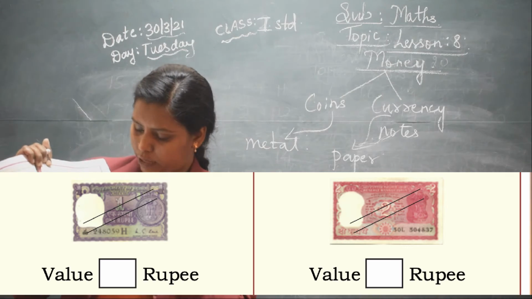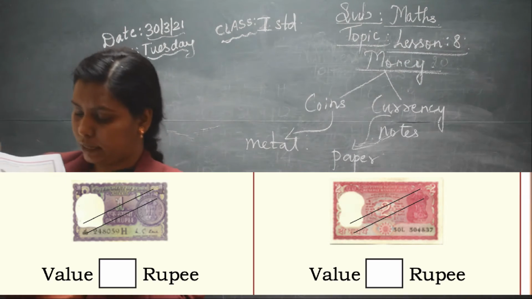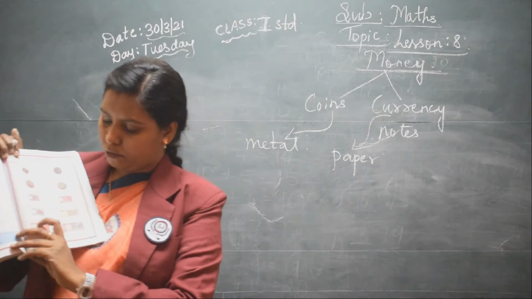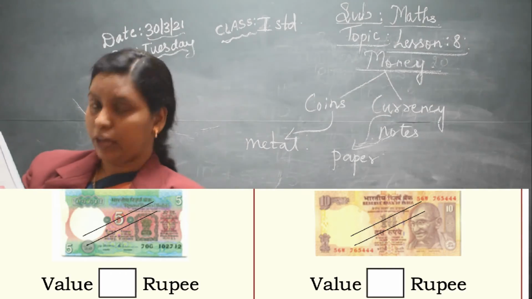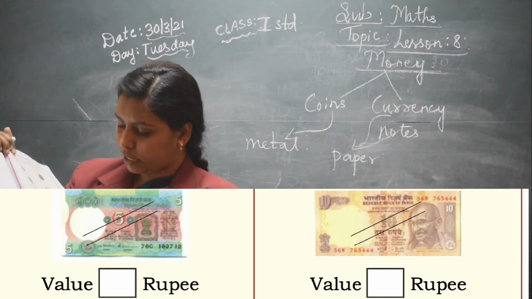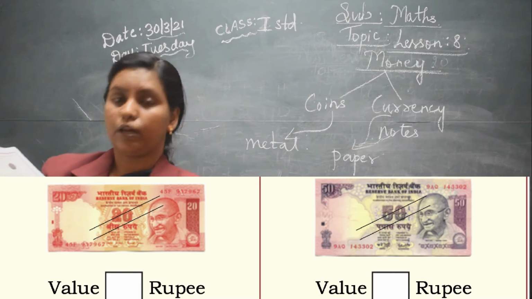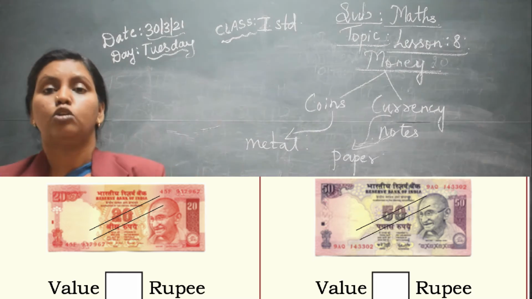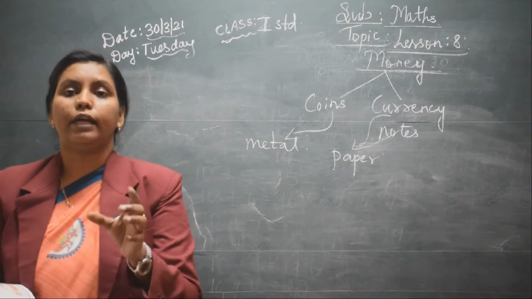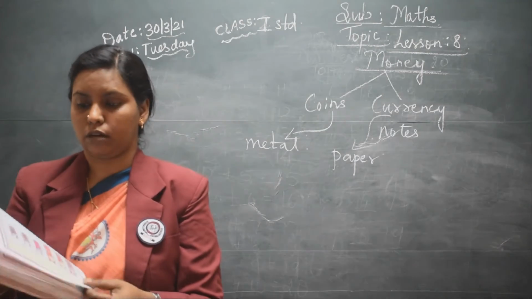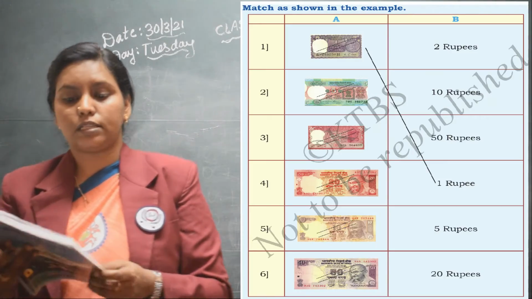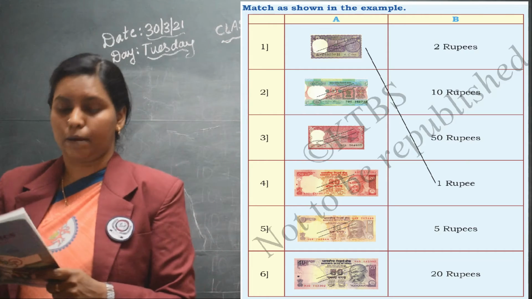Then there is a value of 2 rupees, that is also a currency note. And here you have value of 5 rupees, that is also a currency note. And next you have value of 10 rupees, then 20 rupees, then 50 rupees. So whatever number is shown on the coin or the currency note, you are going to write it in the box.